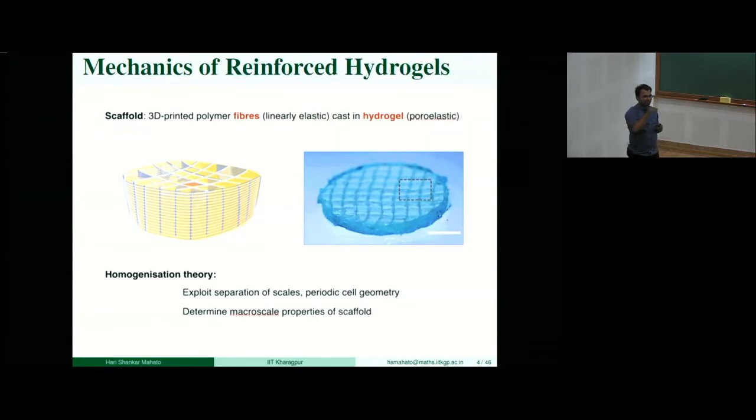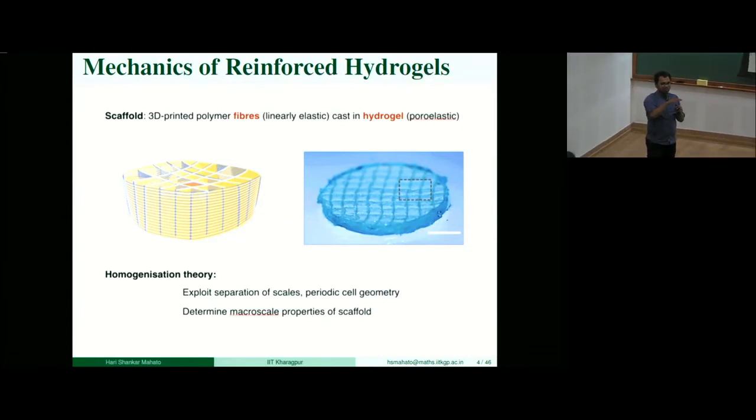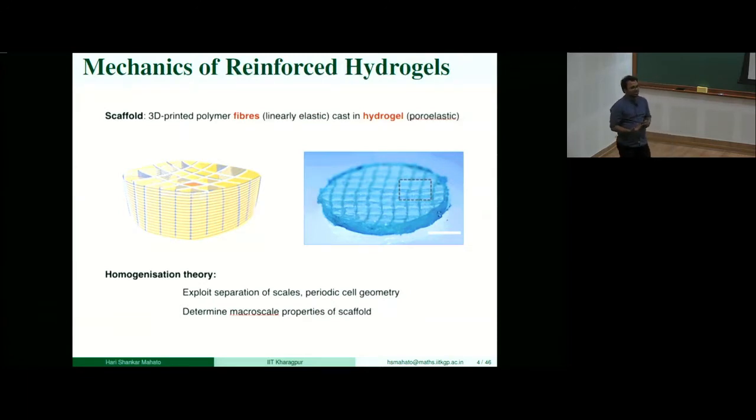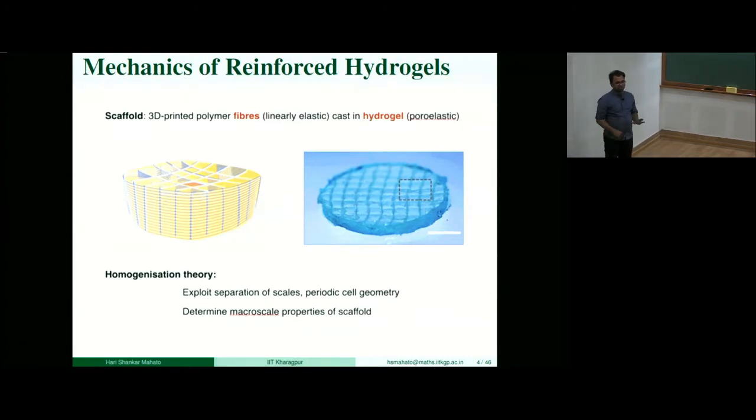The fibers are elastic, and the gel inside them is poroelastic. Overall, you have a very elastic medium, such that if you're replacing your cartilage with an artificial tissue, it should do the same thing that your actual cartilage does. Therefore, you need a very fluffy, tissue-like scaffold in your knee, for example.